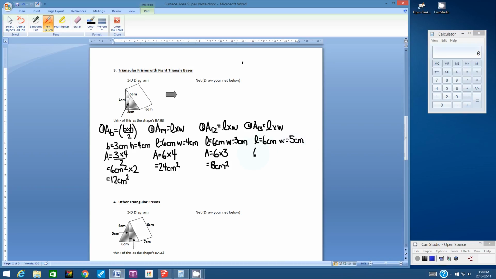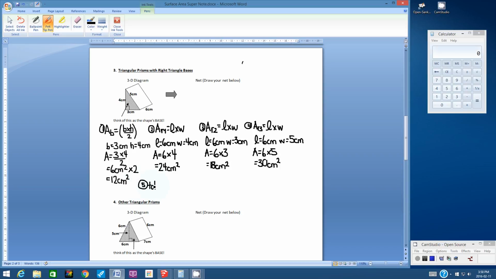We plug that back into our formula. 6 times 5 centimeters equals 30 centimeters squared. We don't multiply that area by 2 because there's only one rectangle that looks like that. All right, final step.